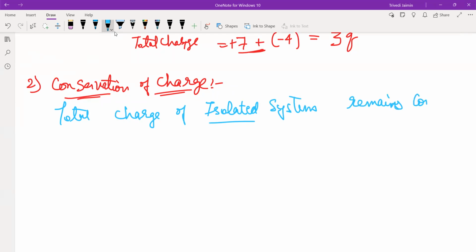Conserved, or constant. So if we give a definition of this one, charge can neither be created nor destroyed, but it can just transfer from one object to another object. Same as conservation of energy.